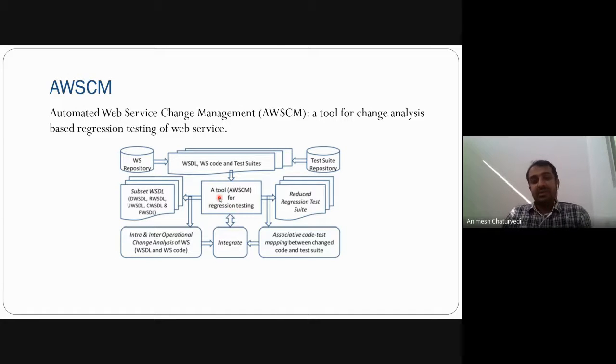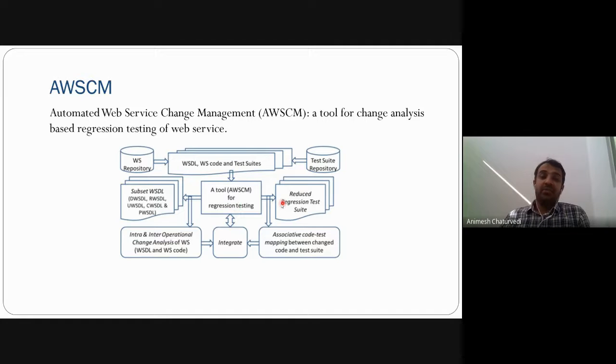The tool, with all these things taken as input, is used by AWSCM for doing the regression testing. What it generates basically integrates two things. First, it integrates intra and interoperational change analysis done at the WSDL and WS code level, and associative code-to-test mapping between the changed code and the test suite is done.